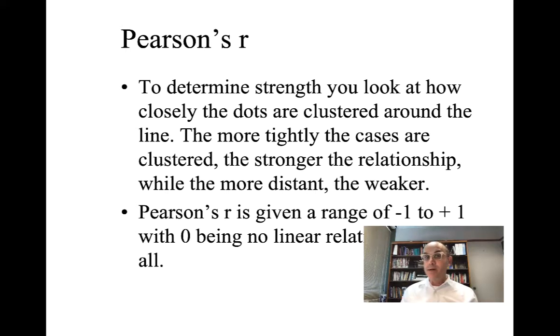We looked at Pearson's R in regression analysis to determine how closely the dots are clustered around the line, and this is important for us. The Pearson R ranges between -1 and +1, where 0 means no linear relationship exists.